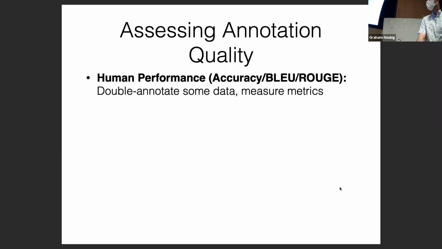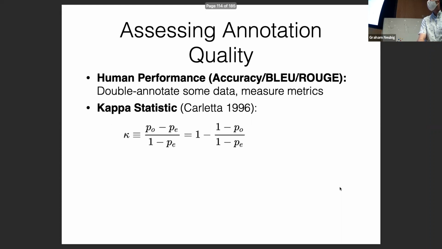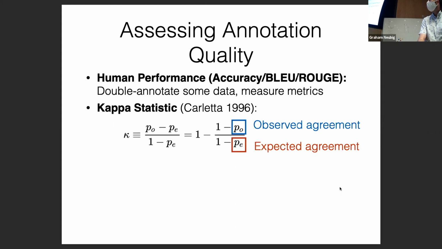Yeah, great. So basically, the kappa statistic is another way to assess annotator quality. It looks a little bit like this, where PO is the observed agreement and PE is the expected agreement. The idea behind this is, if your expected agreement between tags is very high, like 95%, let's say you're doing toxic language detection where most things are not toxic, your accuracy might be very high, but your system might be very bad.